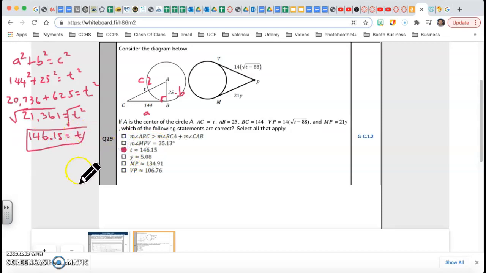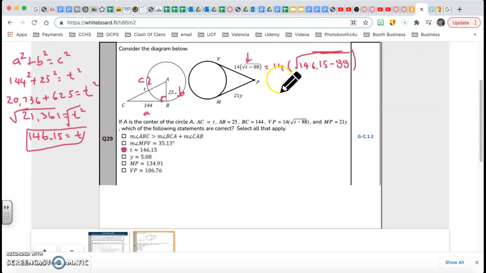There you go. Next, once I have the value of t, I can plug it back in here. So I'm going to have 14 times the square root of 146.15 squared minus 88, close parenthesis, okay?